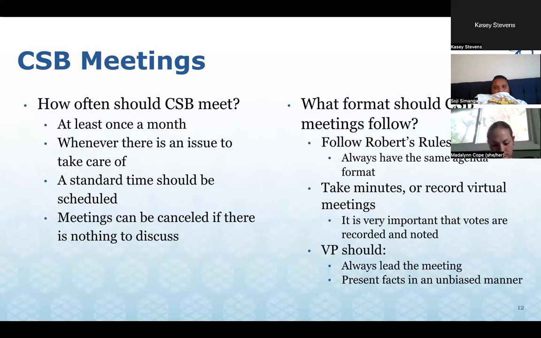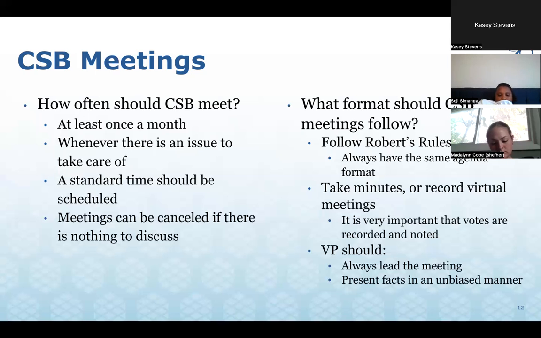It's always the same format. So I would 100% do this. It also helps keep folks on task and make sure that voices are heard and given the same time, the same consideration.